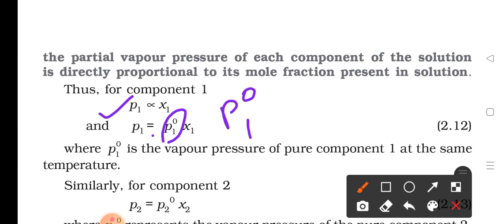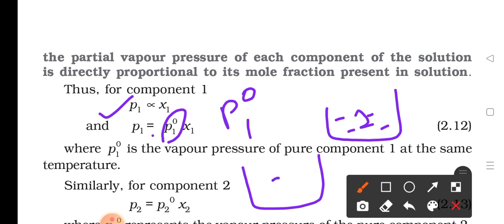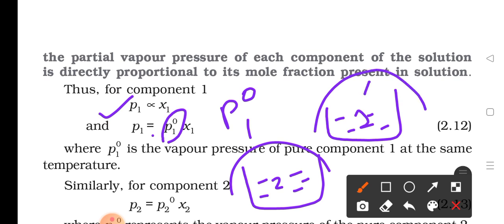What it actually means is, if you take liquid 1 in a separate beaker, or liquid 2 in a separate beaker, and just cover them, then after some time, since they are volatile in nature, they will fly and we get the vapor here.